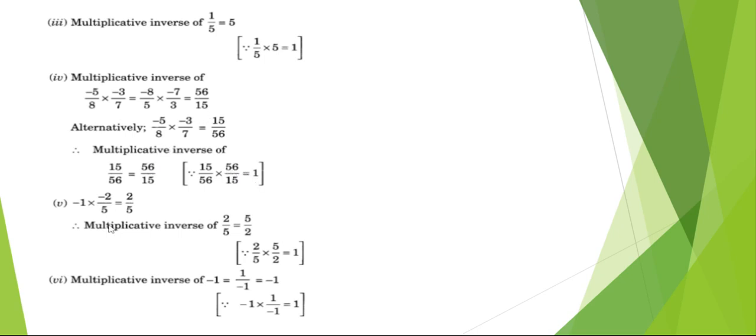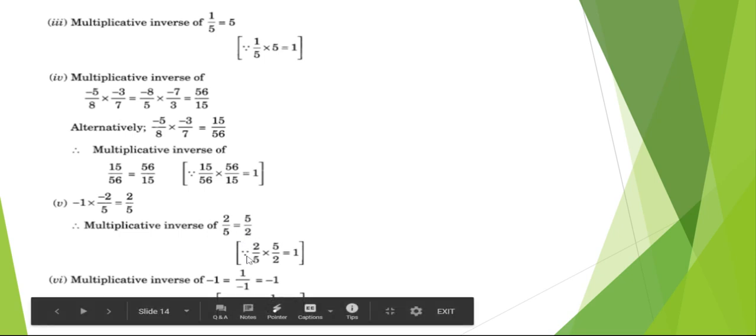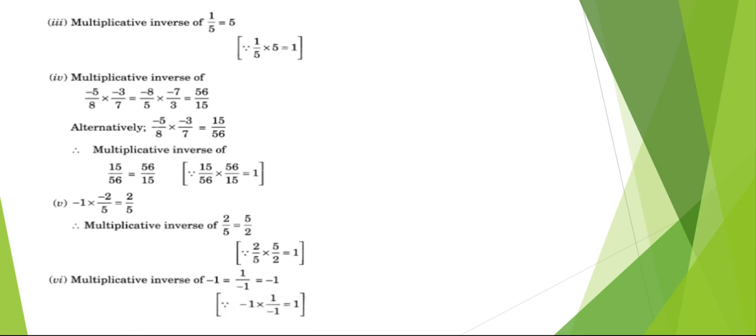Yes, you do. Next part, which is minus 1 into minus 2 by 5. And if I ask you, what is minus 1 into minus 2 by 5? Which is obviously 2 by 5. So the multiplicative inverse of 2 by 5 will be 5 by 2. Since 2 by 5 multiplied by 5 by 2 will give you 1, which is the multiplicative identity.